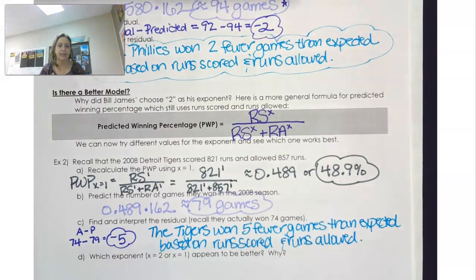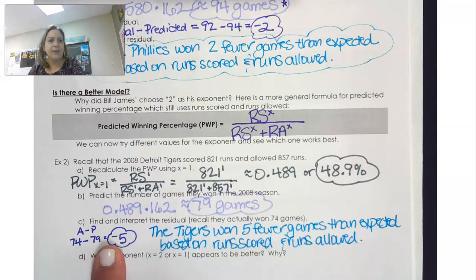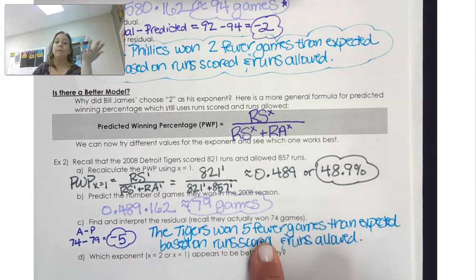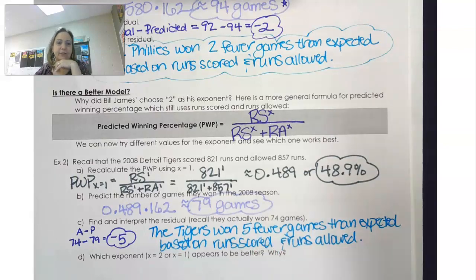So that's our interpretation of the residual here. If the residual was positive, then we would say the Tigers won 5 more games than expected. That's the only difference you'd make if you had a positive residual.